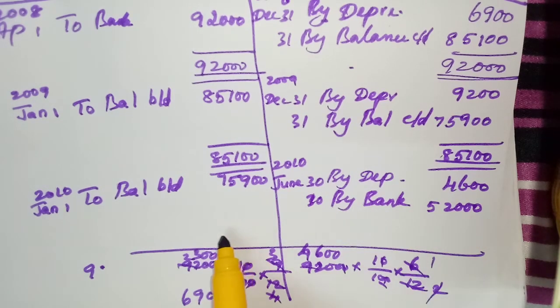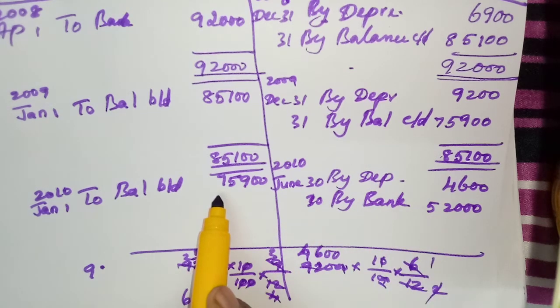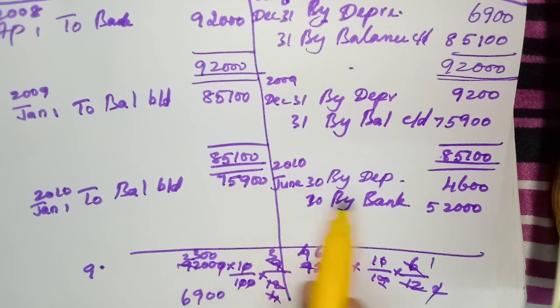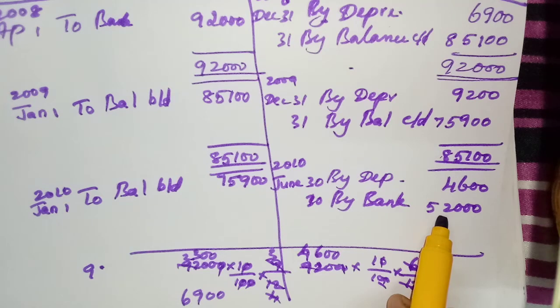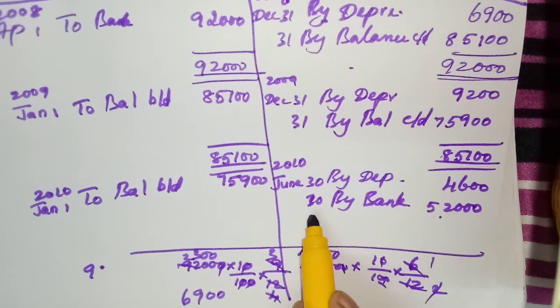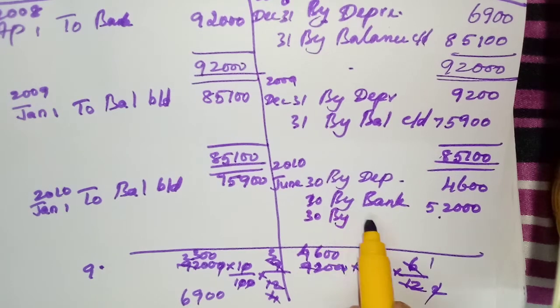Again here we are selling for a lesser amount. The book value is around 60,000, 70,000, isn't it? We need to deduct this depreciation, around 70,000. We are selling for less price. The same we have to write by profit and loss account.